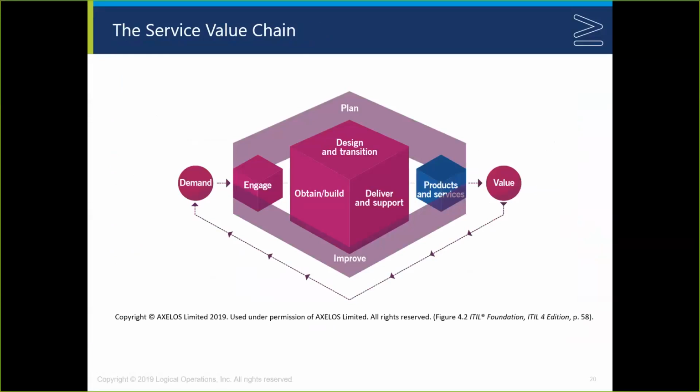In the middle of the service value system is this idea of the service value chain. Again, we will get into this in more granular detail in a subsequent section, but it's important to introduce the idea of these core activities, that we engage in these activities in lots of different ways, in lots of different combinations, in ways that hopefully combine to create or co-create value for the customer.